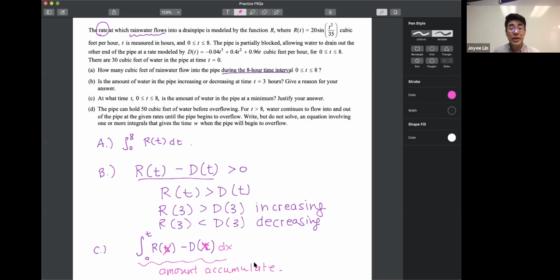So then what do we need to do to solve for this one? We actually need to find the critical values of this thing. So it's not just of R. Why wouldn't you add 30? You can add 30 to this function, right? Because this is the amount accumulated, but the total, right, plus 30 would equal the total water.